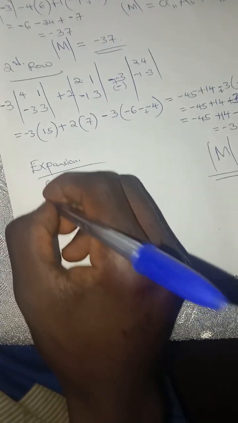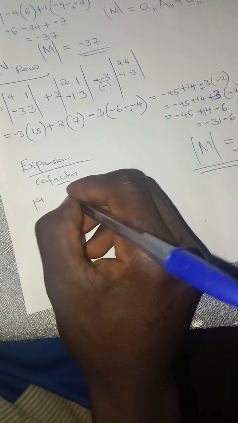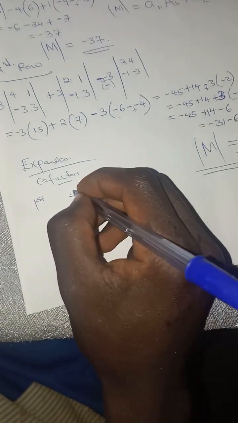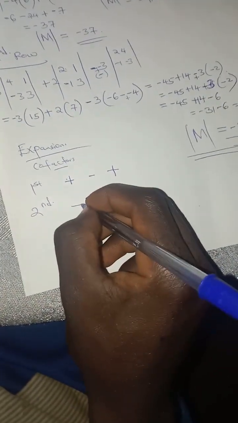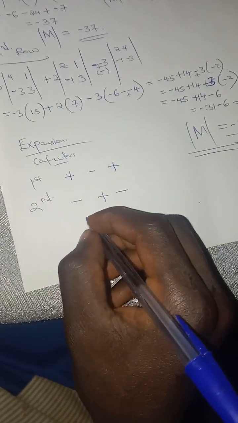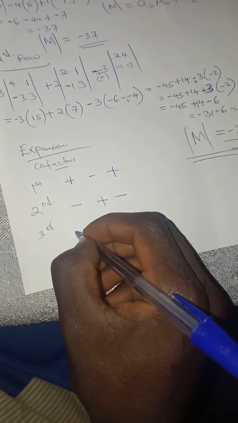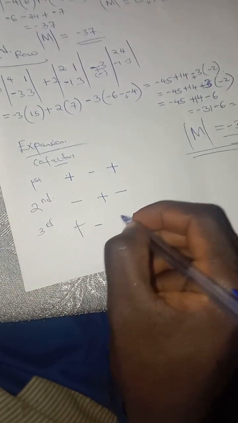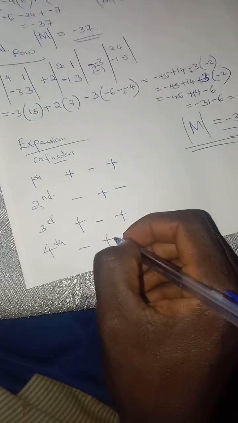When you are expanding on the first row of a 3 by 3 matrix, the signs will be positive, negative, positive. If it is the second row, it will be negative, positive, negative. If it is the third row, it will be positive, negative, positive. If it is the fourth row, it will be negative, positive, negative.